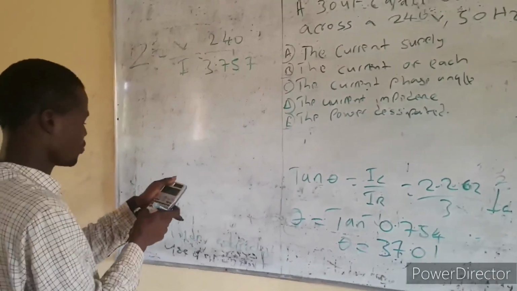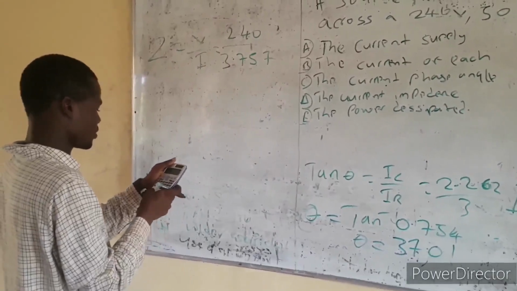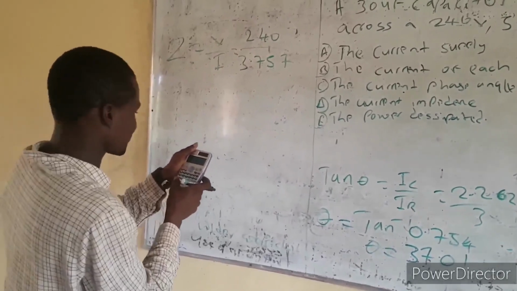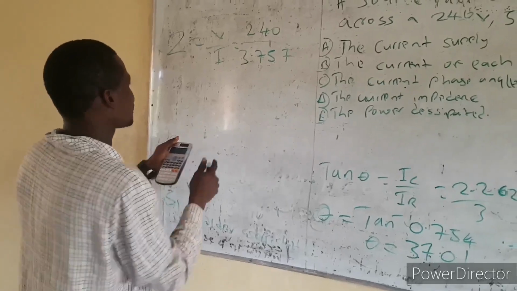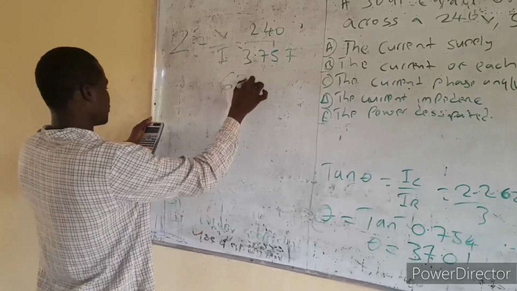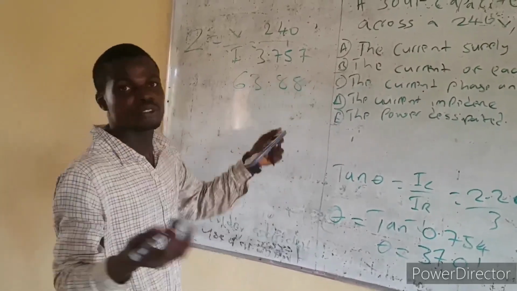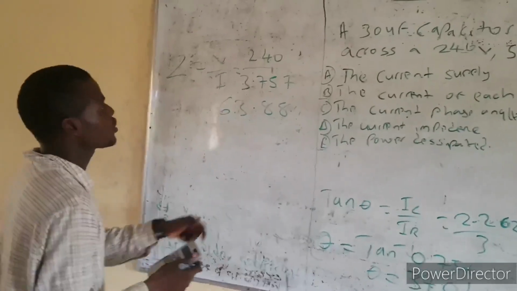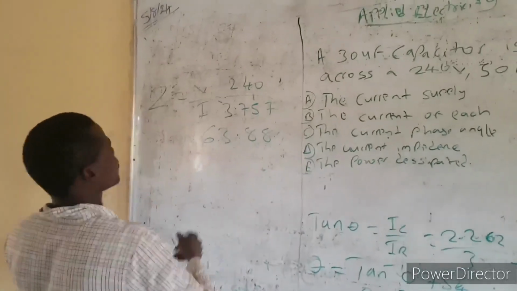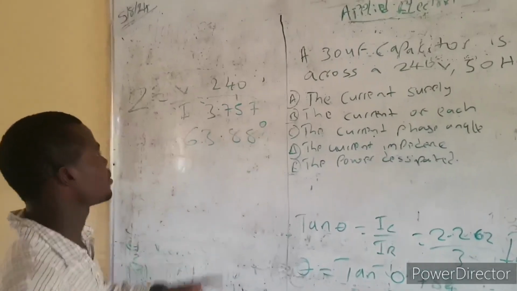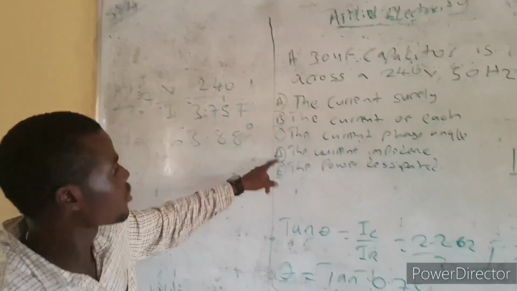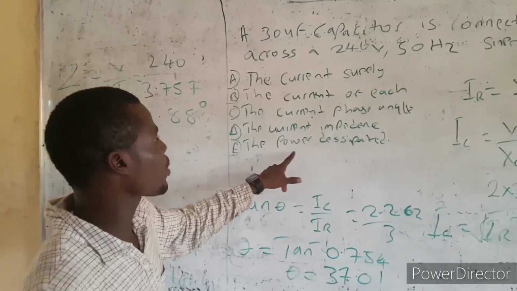So 240 divided by 3.757 is going to give us 63.88, which we can also approximate to 63.9 ohms. Now we are going for the power dissipated.